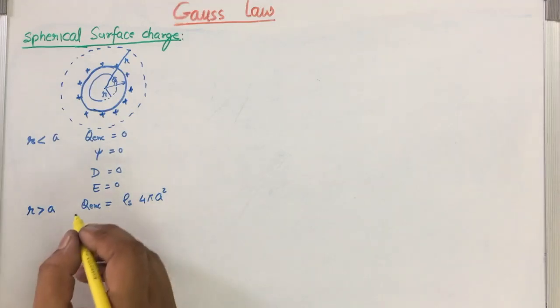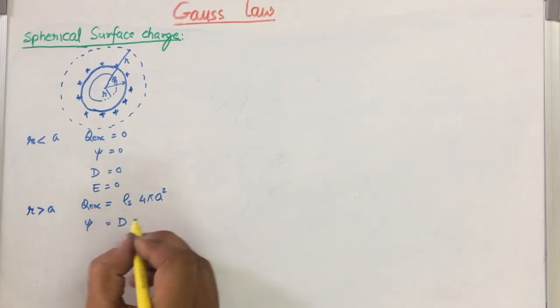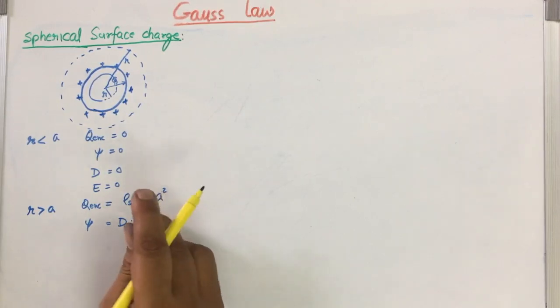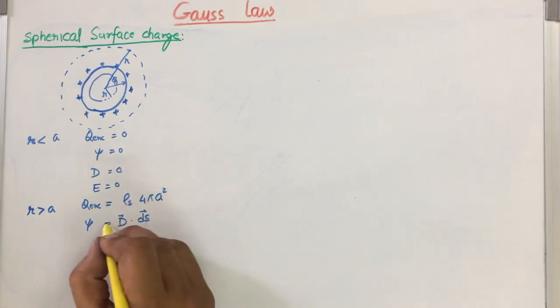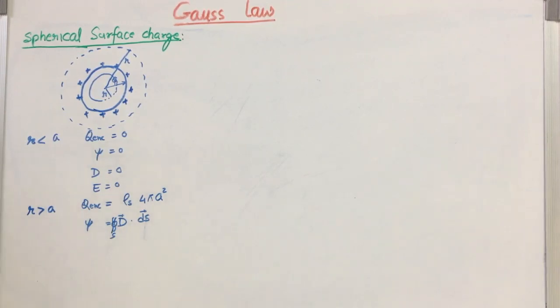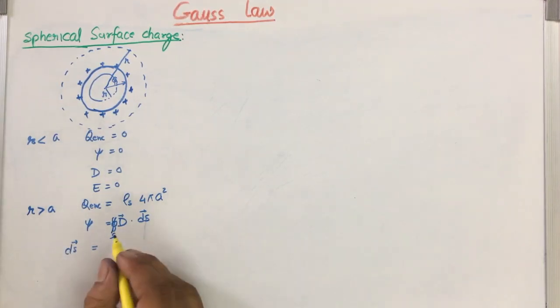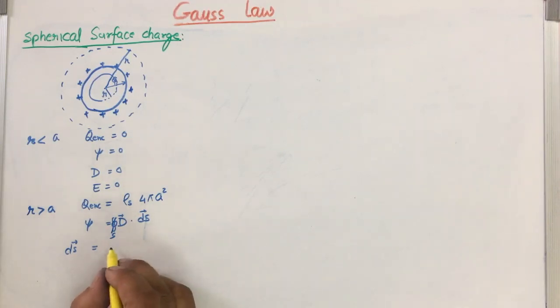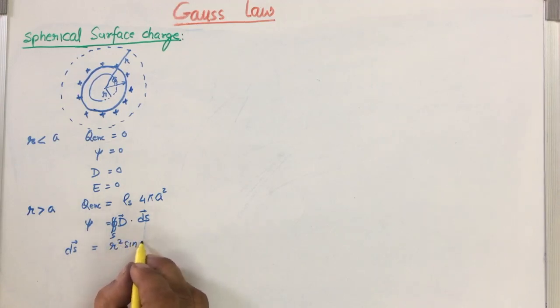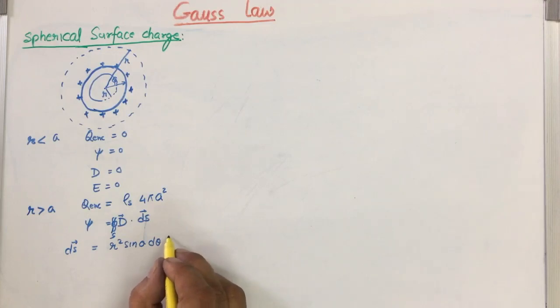And we know the flux is the integral of D dot dS over the closed surface. In the spherical case, dS can be written as we discussed last day in the spherical coordinate system: r square sine theta d theta d phi.